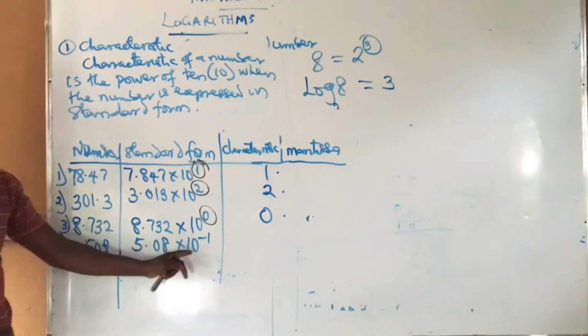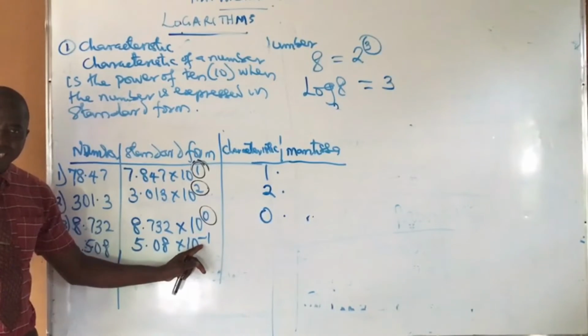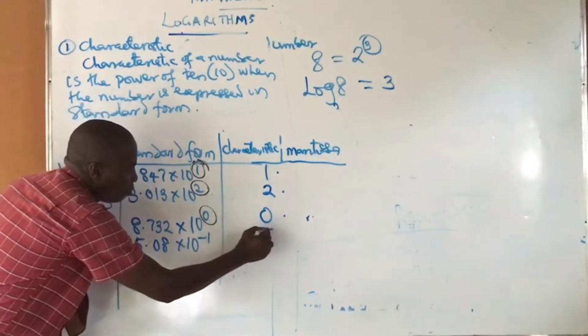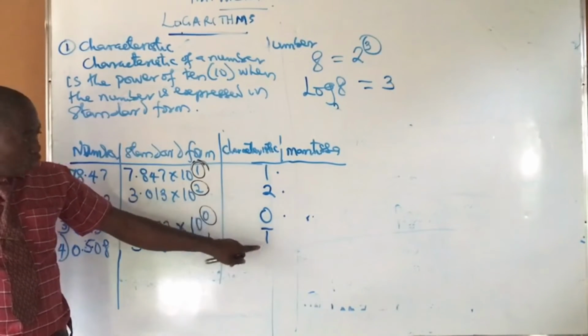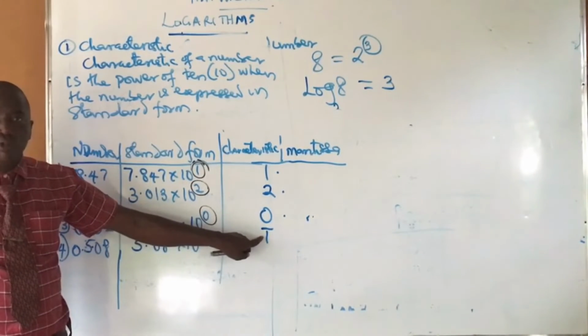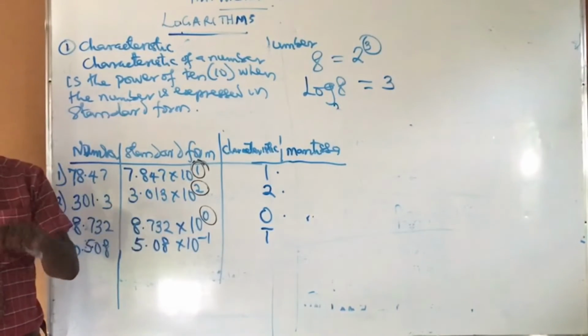At this juncture, we will write the power, when it is negative, as bar 1. The negative will be written on top, not touching the number. Then we call it bar 1. Especially those of you in basic 11 and SS2, you will be introduced to a number less than 1.